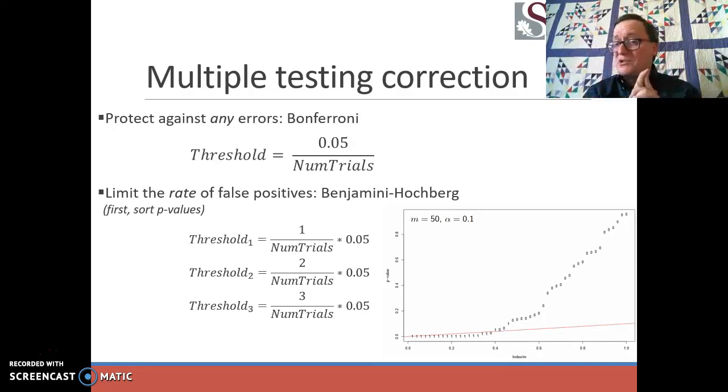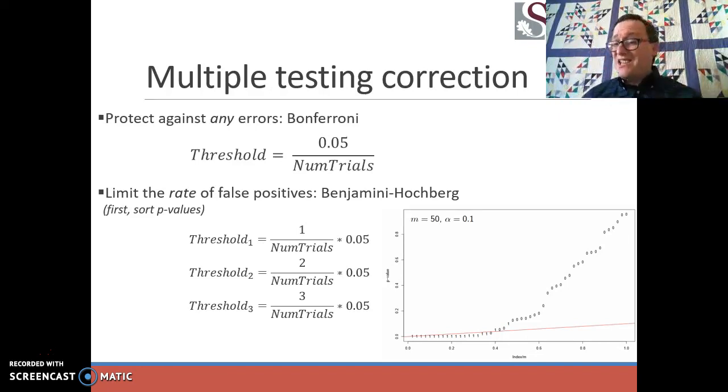If you want to protect yourself at that level, you need to divide the threshold you would normally use, for example 0.05, by the number of genes that you're going to be comparing. So if you have 5,000 genes or 20,000 genes on your array, this may mean that the new threshold for a significant p-value is vanishingly small. That's really hard to beat.